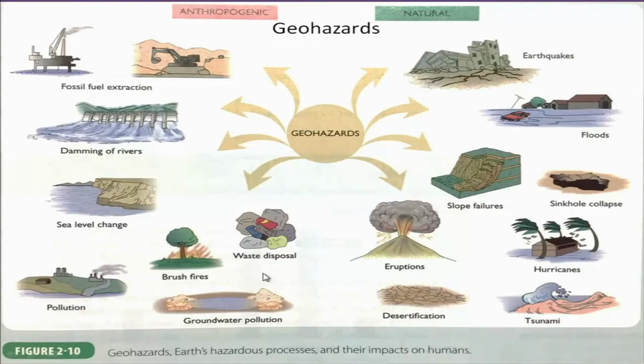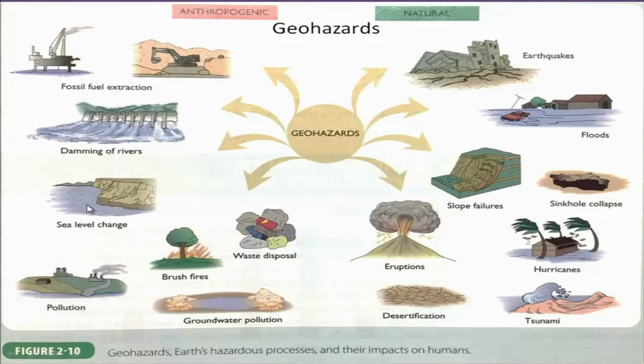We also keep putting out waste, and waste disposal leads to groundwater pollution. And then the recent example of the Amazon, which we are experiencing, the forest fire. Then we have pollution, which will result in contamination of the groundwater. And then sea level change, which is related to climate, but one example I will show you of the sea level.